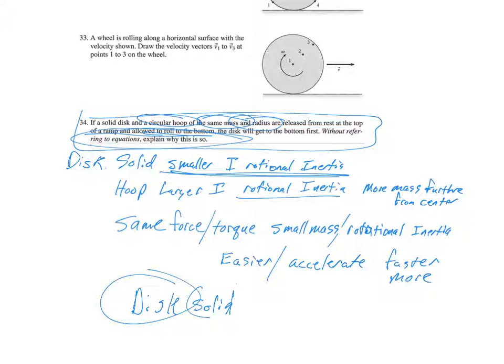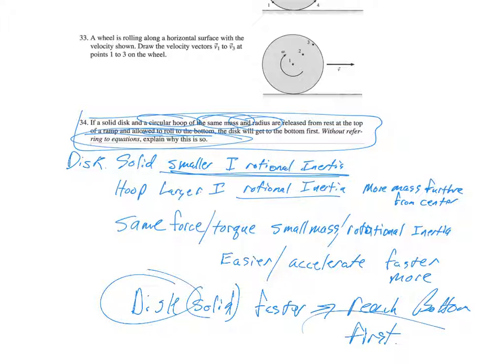The disk, which is solid, which has more mass towards the center, will go faster, and it will reach the bottom first. This is one I want to talk about Monday in class. Reach bottom first. It has more get up and go because of the smaller mass/rotational inertia, which we're now calling I. Woo woo, woo woo.